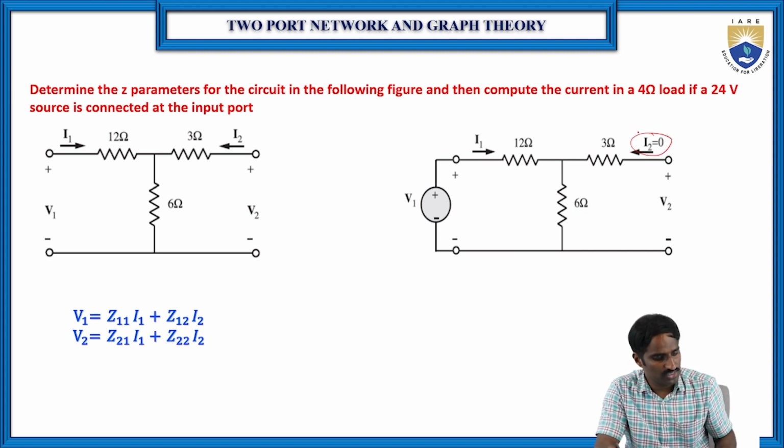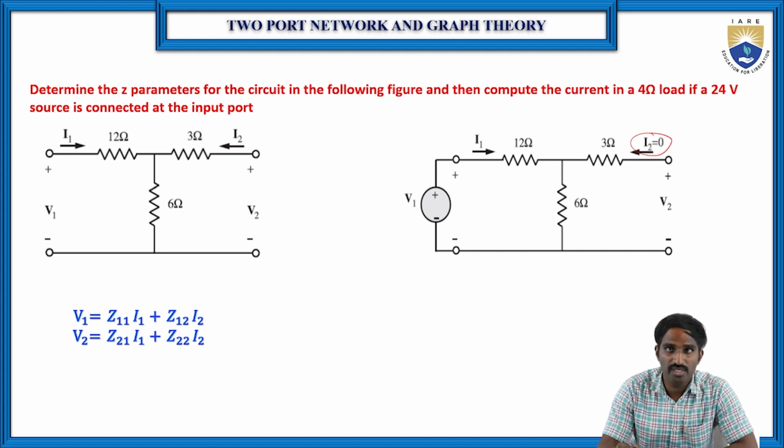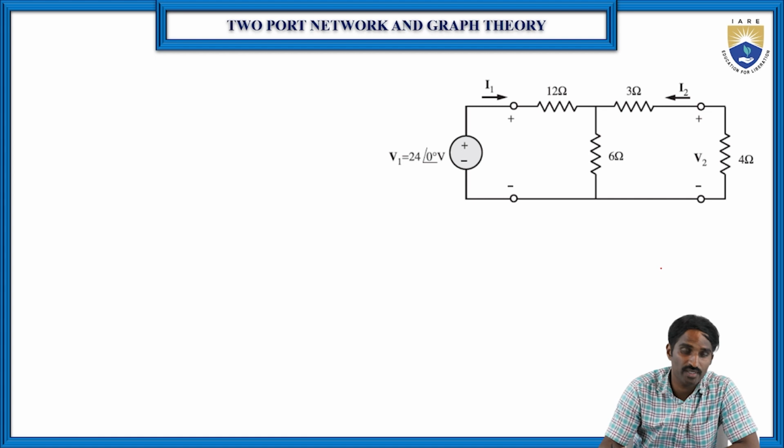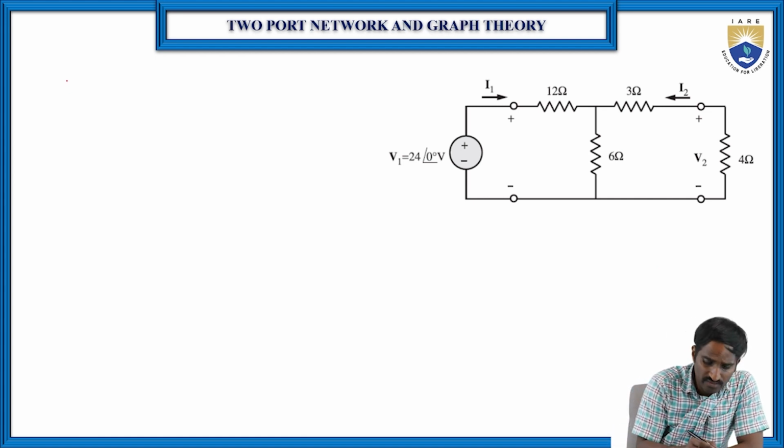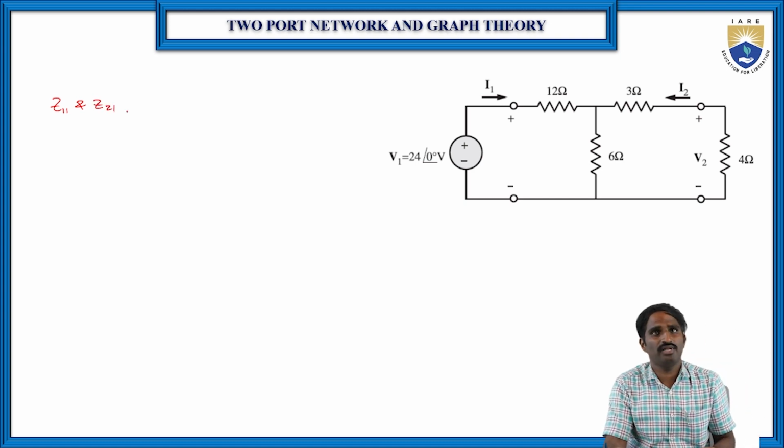By making the output an open circuit, what are the 2 parameters that we can find? The 2 parameters are Z11 and Z21.